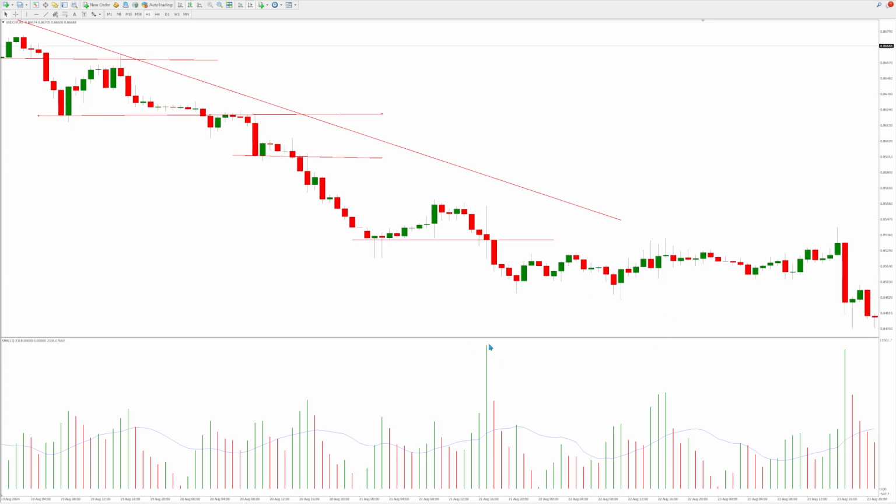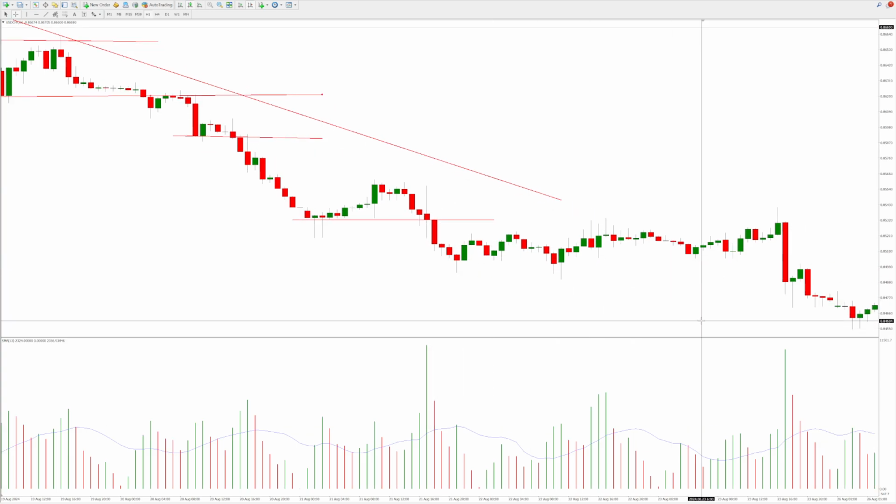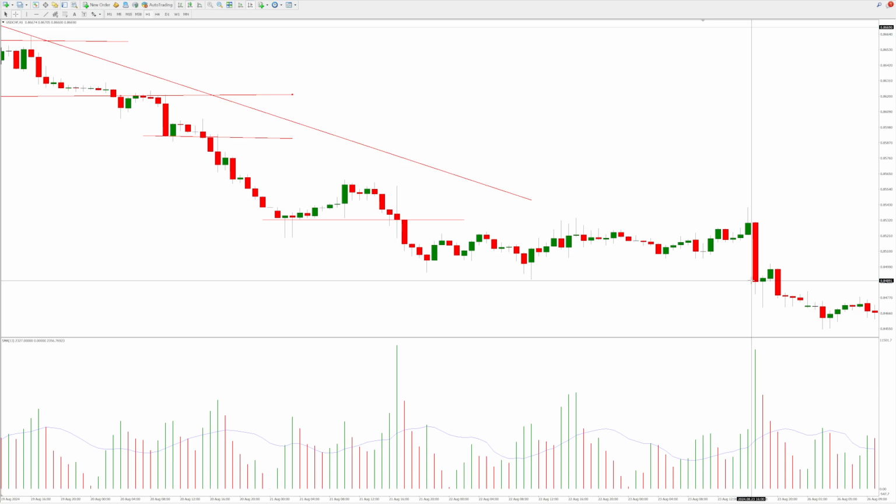When you have these really long bars, you can avoid selling so you don't sell at the low. Ideally you want to sell up around the pullback somewhere, up here somewhere on the breakout of the pullback.